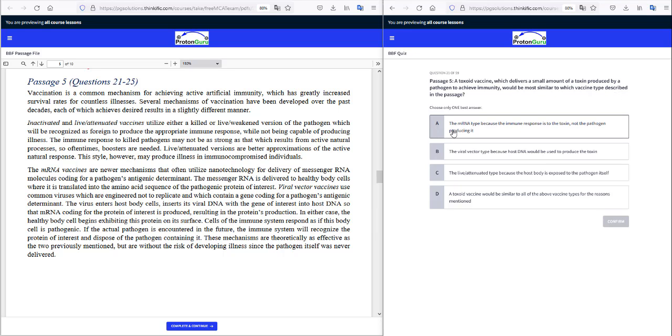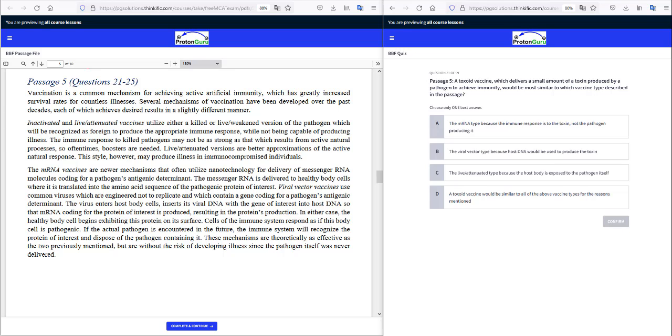And let's look at our different choices. A, the mRNA type because the immune response is to the toxin, not the pathogen producing it. Choice B, the viral vector type because host DNA would be used to produce the toxin. C, the live attenuated type because the host body is exposed to the pathogen itself. Or D, a toxoid vaccine would be similar to all of the above vaccine types for the reasons mentioned.